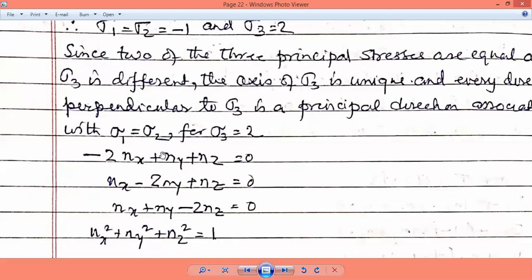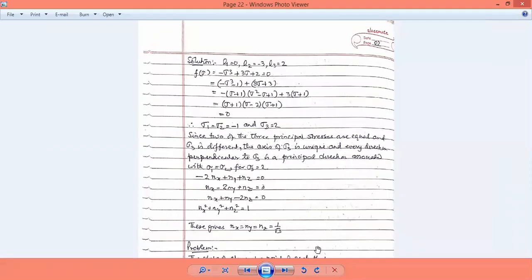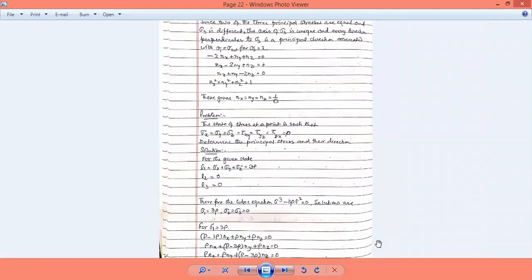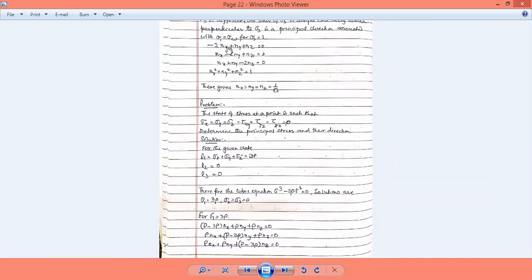Tau xy is given in the matrix here, and 1 is also equal to 0 itself. Now, here it is minus 2, there is minus 2, both with a 0 associated value. And nx square plus ny square plus nz square is equal to 1. Solving this equation, we'll get nx equal to ny equal to nz, 1 by square root of 3.